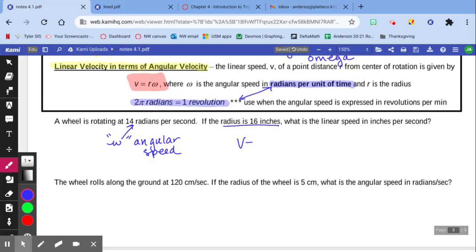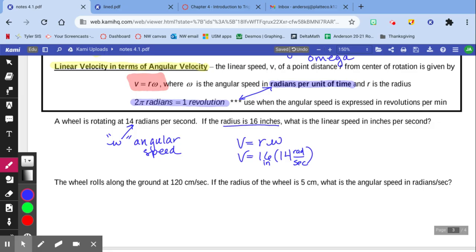So we're converting an angular speed into a linear speed. We have v, which is our linear velocity or linear speed, equal to the radius times the angular speed. They've given us the radius, and we know the angular speed is 14 radians per second. This is in inches.